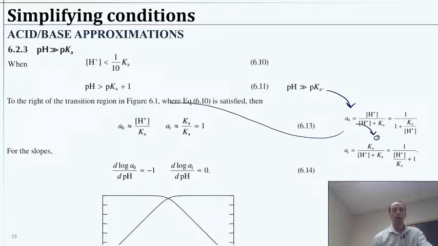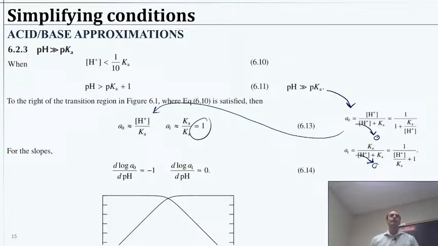And likewise, when we take a look at alpha 1, defined as Ka divided by H plus plus Ka, here again the H plus goes to approximately 0. And we could say that this is Ka over Ka, which is 1.